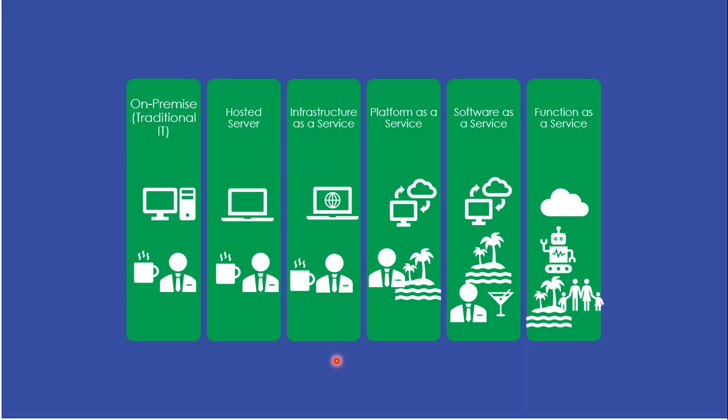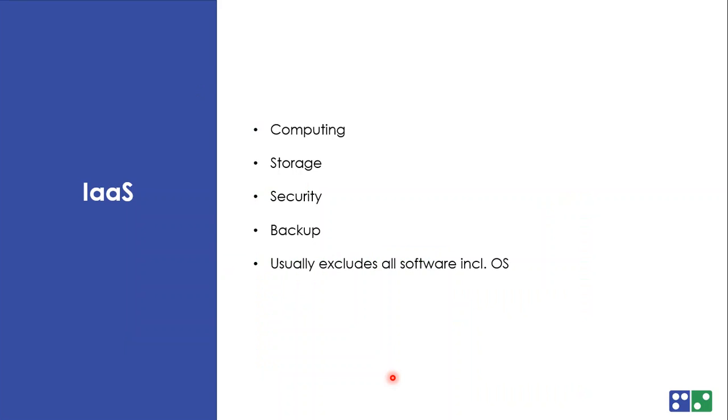Okay, so let's zoom in a little bit on each one of these silos and unpack the cloud ones on here. So if we again look at infrastructure as a service, this is where you're buying computing. It typically is computing, storage, security, and backup that's in the cloud. So it could be a firewall that is rented and that traffic is routed to. It could be just a backup service or storage where you pay them for the storage of something or computing.